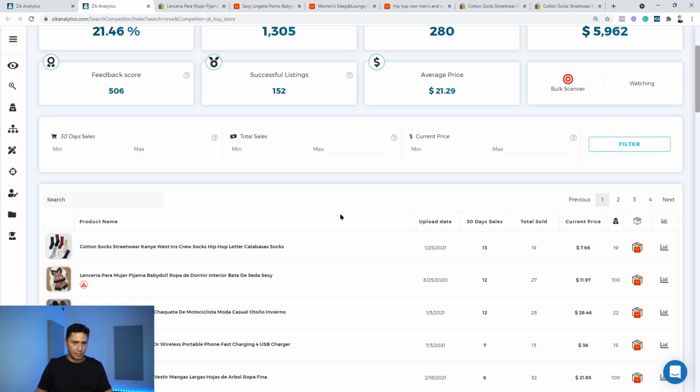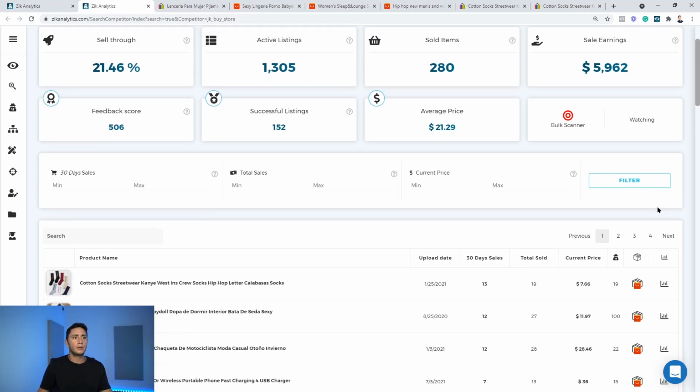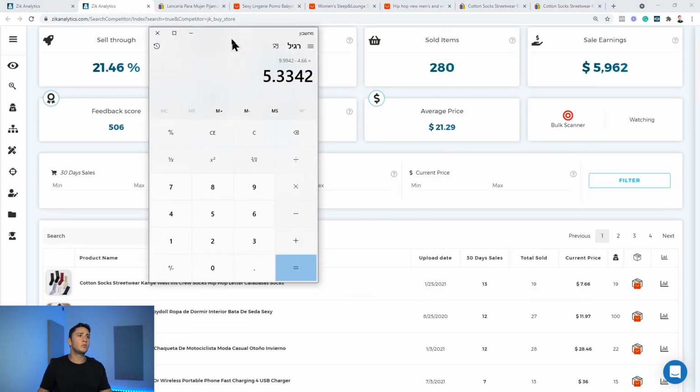And another thing we can see, which is very important, and we already saw it, he's working on an average profit margin of 40%. So if we look here, okay? Let's do this calculation in a different way. We're talking about $21.89 times 40 cents.